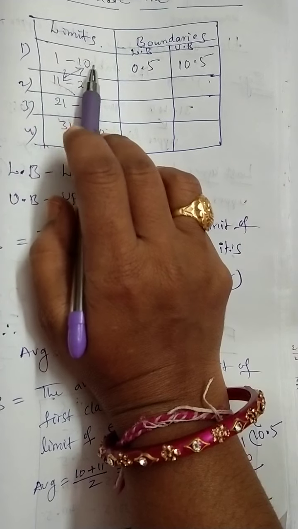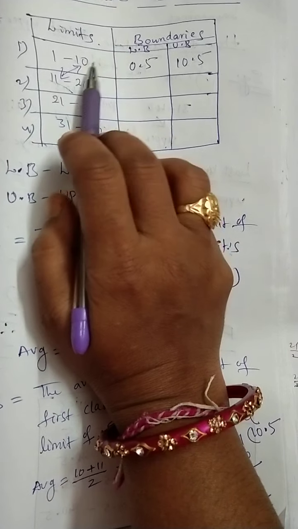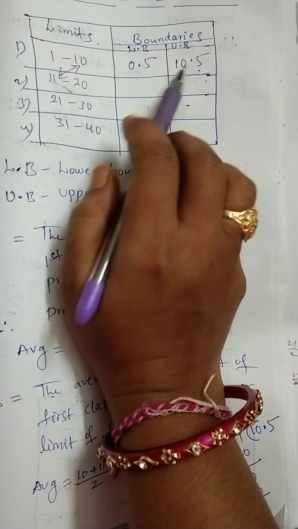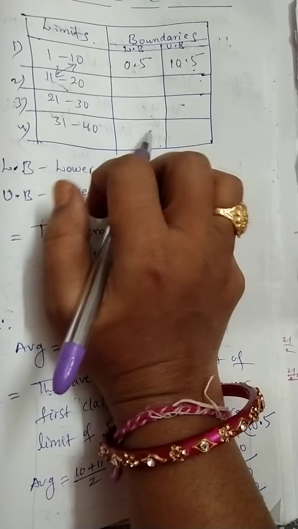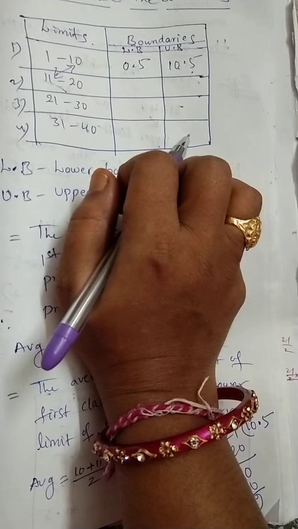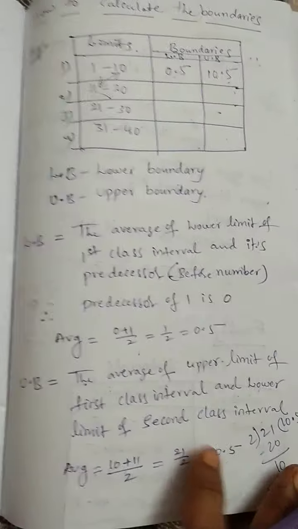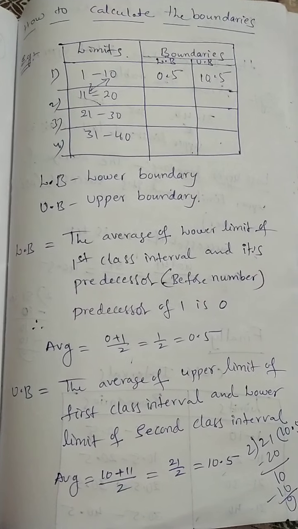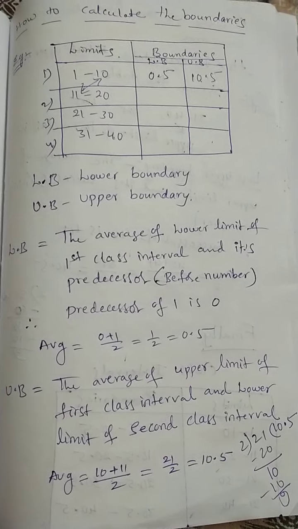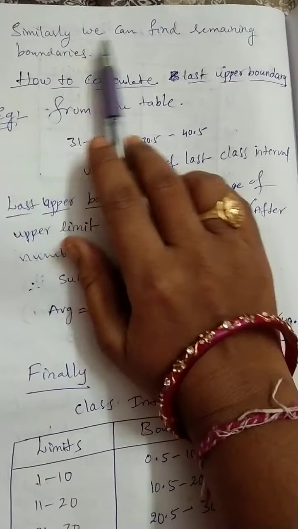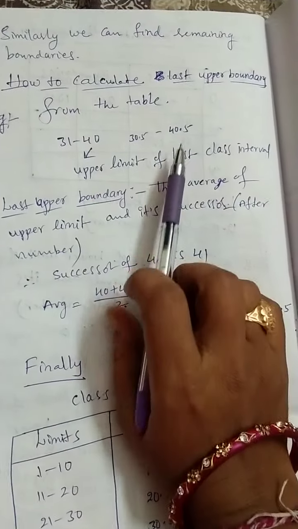Next, this is 10, so 0.5 increased. In a similar way we can calculate the remaining lower boundaries and upper boundaries. You can take a screenshot and write it in your notebook for understanding. These are my own definitions I am telling you. Similarly we can find the remaining boundaries also.